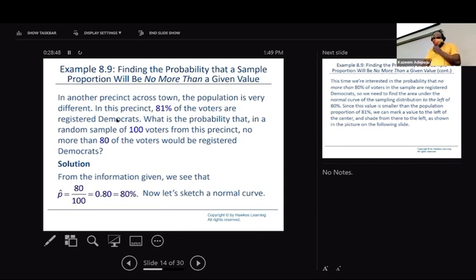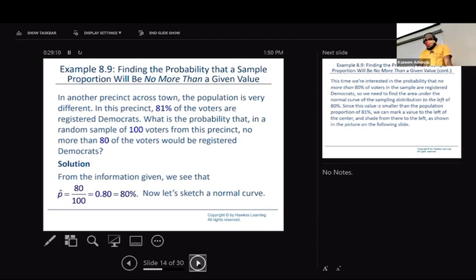So in this particular principle, 81% of the voters are registered Democrats. That's its population proportion, 0.81. And you actually want to find the probability that in a random sample of 100 voters from this principle, no more than 80 of the voters will be registered Democrats.